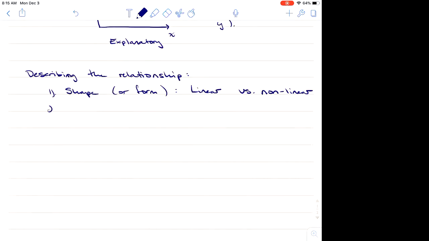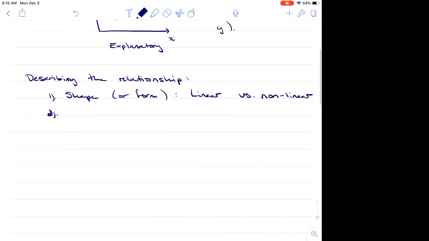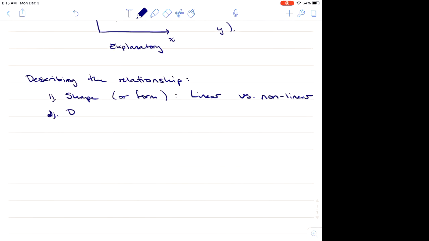The second thing we have to talk about is the direction. So the direction of the relationship is either positive, going up, up, up, as one's increasing, the other one's increasing, that's a positive relationship.